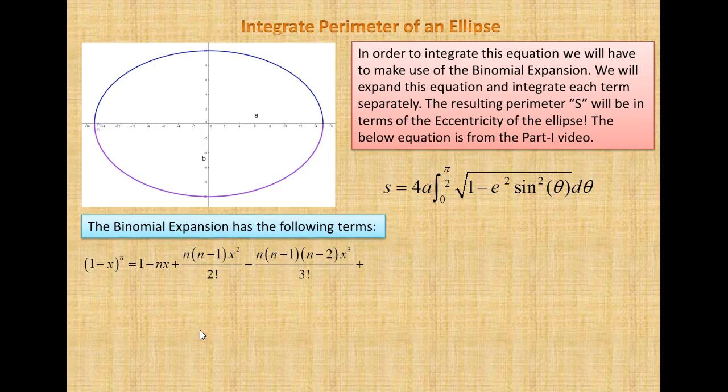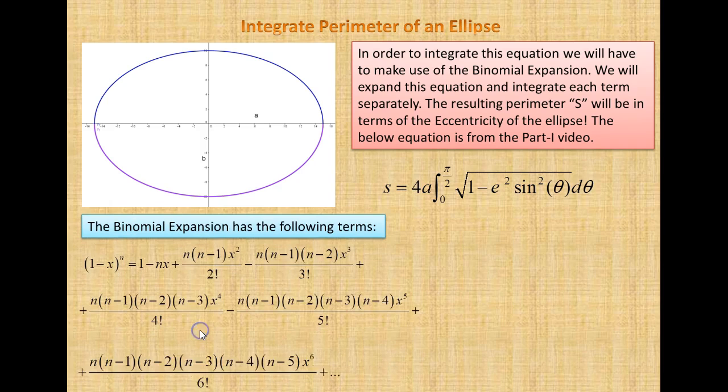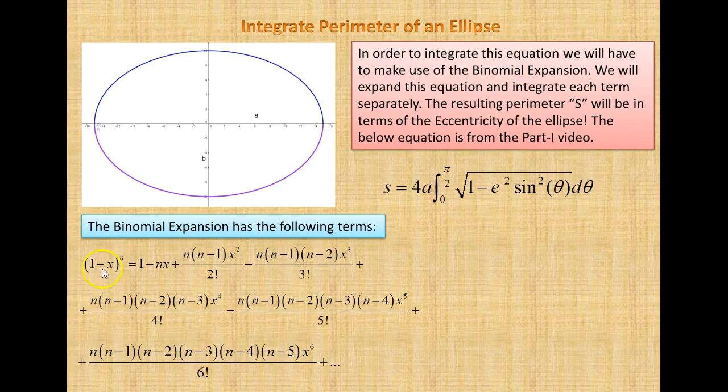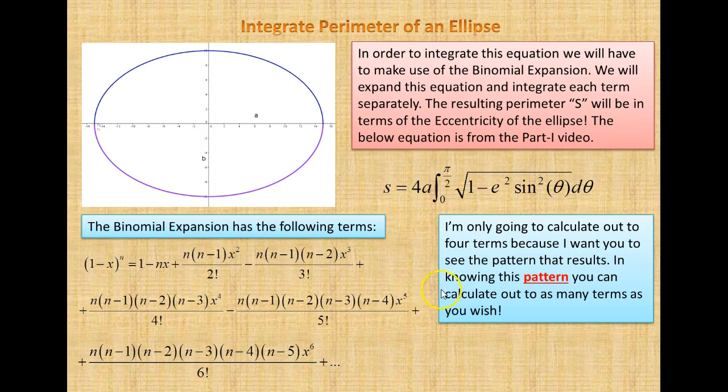The binomial expansion has the following terms. As you can see, this (1 minus x) raised to the power of n is expanded out to all of these terms. I'm only going to calculate out to the first 4 terms because I want you to see the pattern that results.